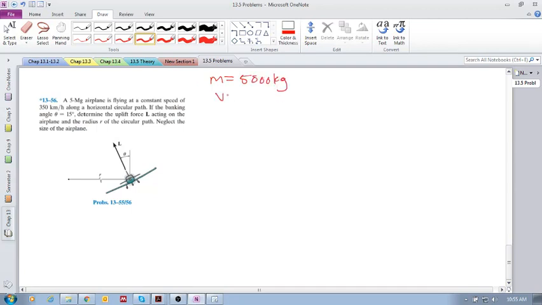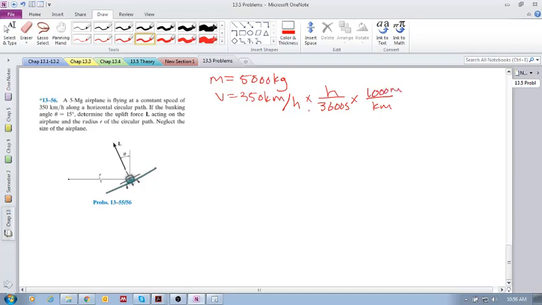And the speed is given in kilometers per hour. How do we convert that? Well, we want to get rid of the hour, so we multiply by hour over seconds. How many seconds in an hour? And we want to get rid of the kilometers, so we multiply by the equivalent in meters.